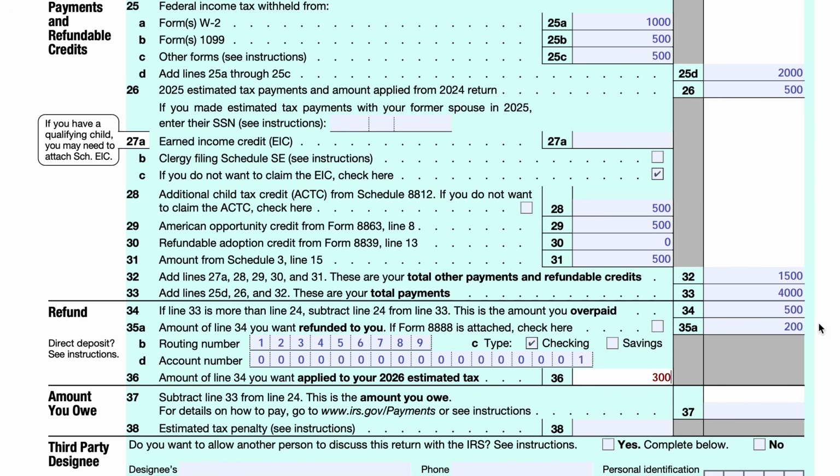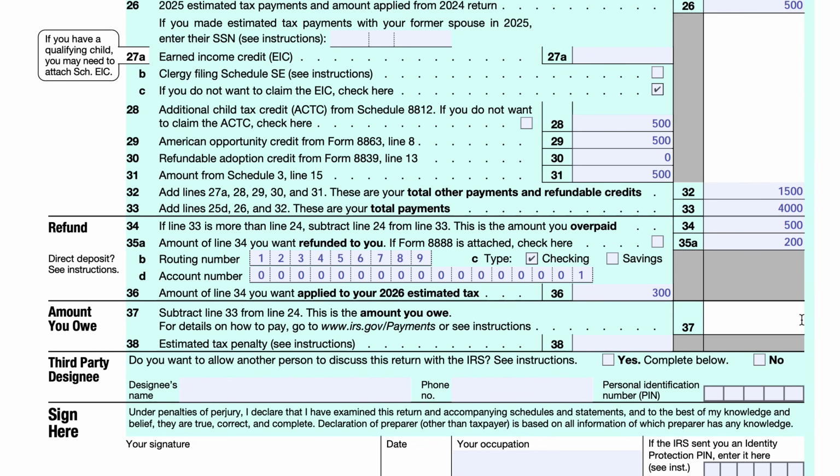Let's imagine, for instance, that now on line 33, we actually were $500 short. So then we would simply carry the $500 down, and we would take a look to see if there was an estimated tax penalty. And the IRS gives you guidance on this.